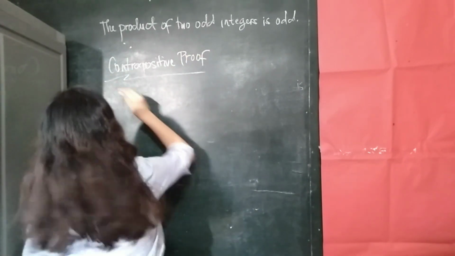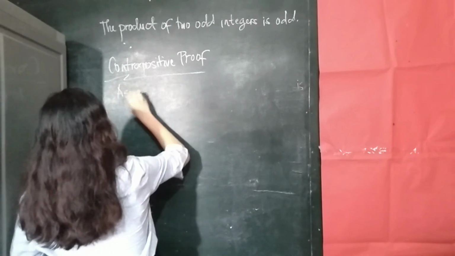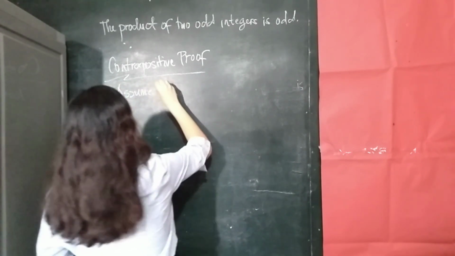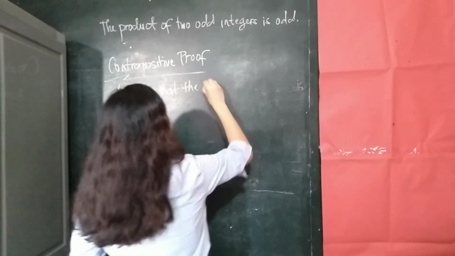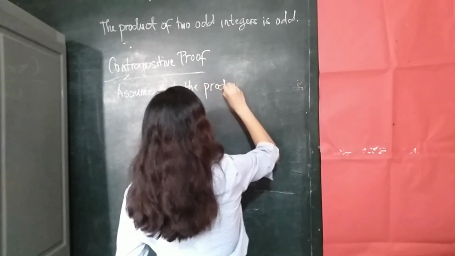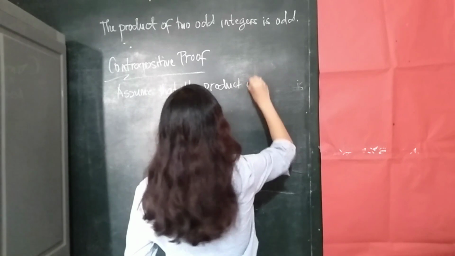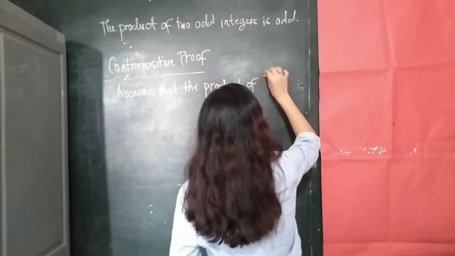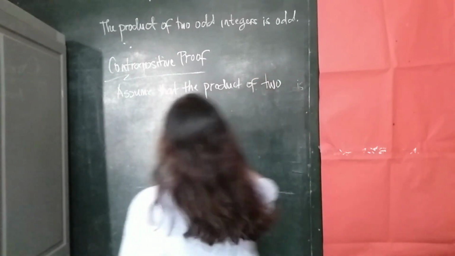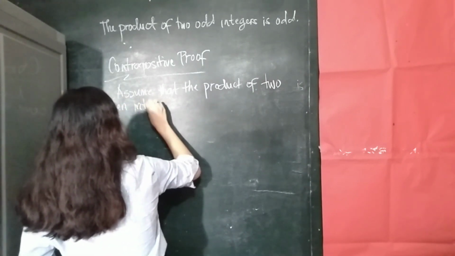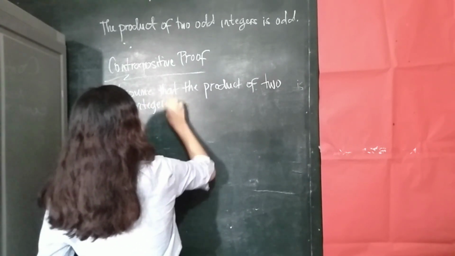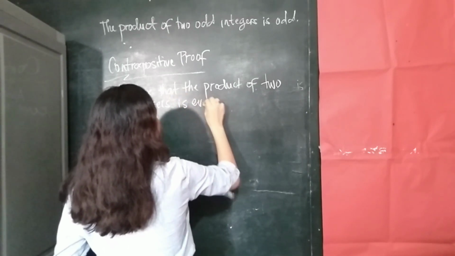So we assume that the product of two even integers is even.